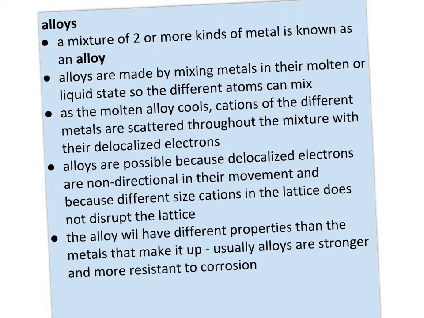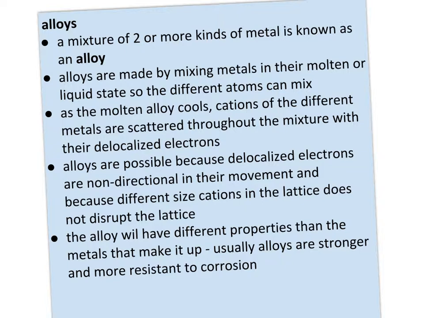And again, the delocalized electrons for each metal can interchange because electrons don't identify with a specific atom. Electrons are identical. So now you have basically two different sets of metallic bonds just kind of interspersed or intermingled. And again, this is because delocalized electrons are non-directional in their movement.